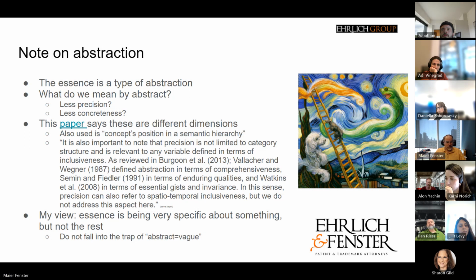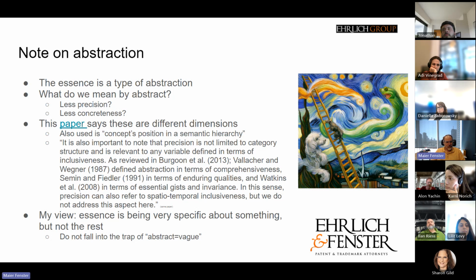And it says there are two measurements which are common. One, the less precise something is, the more abstract it is, or the less concrete something is, the more abstract it is. And what this paper shows is that these are different dimensions. In other words, you can be more precise and less concrete at the same time.